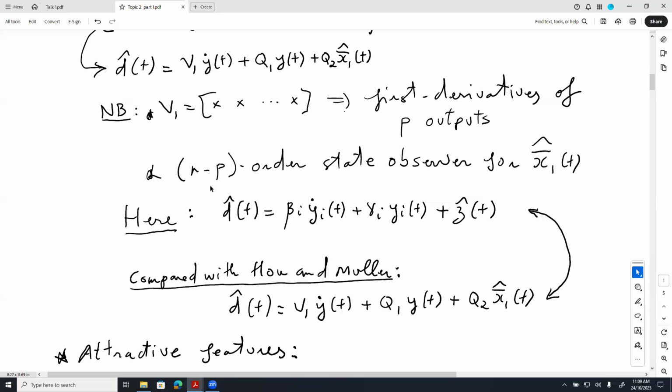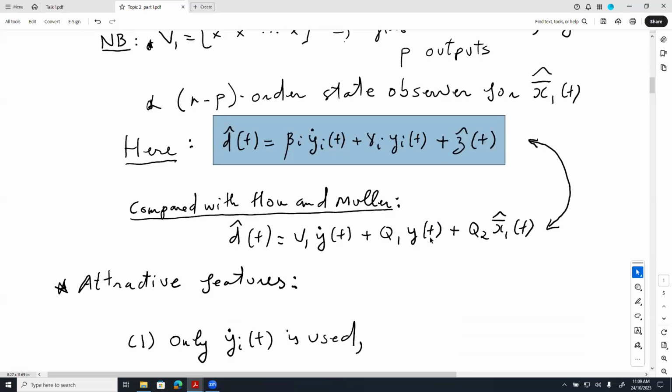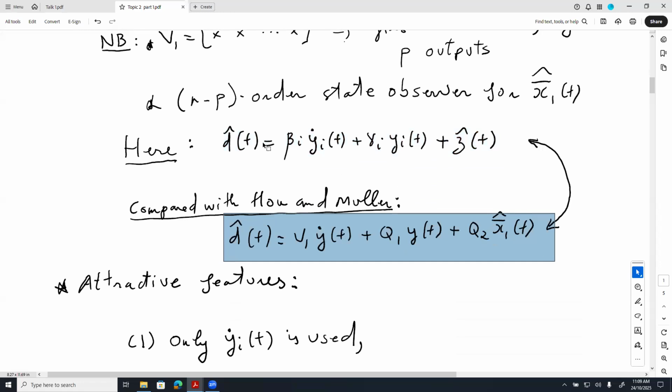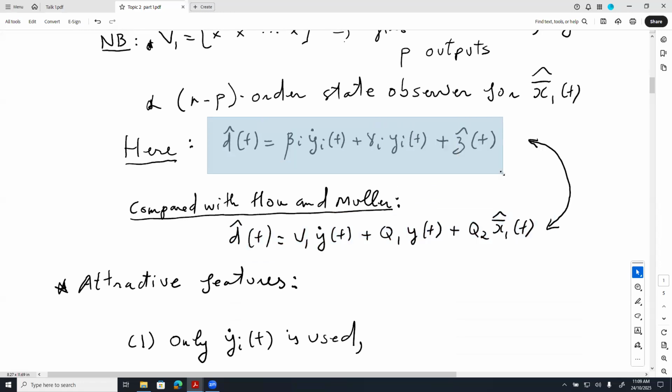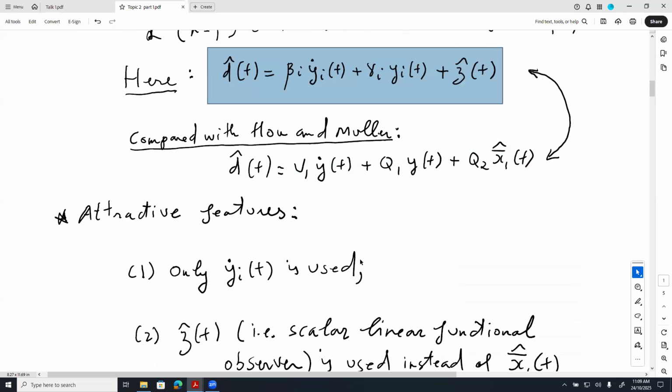So accordingly, we propose the following unknown input estimation for d of t. Compare this with Hou and Muller. We can see the attractive features of our approach: we only use the first derivative of one output measurement.